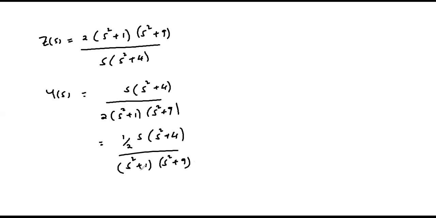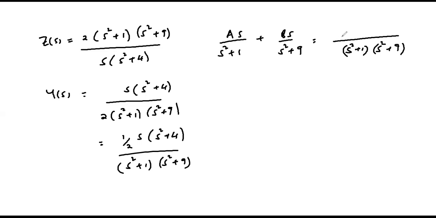Next, we write the partial parts. Because the denominator has S squared plus 1 and S squared plus 9, then we'll have two parts which can be written as AS over S squared plus 1 plus BS over S squared plus 9. If we put this under a common denominator, then we can write this as S squared plus 1 into S squared plus 9, then AS into S squared plus 9 plus BS into S squared plus 1.